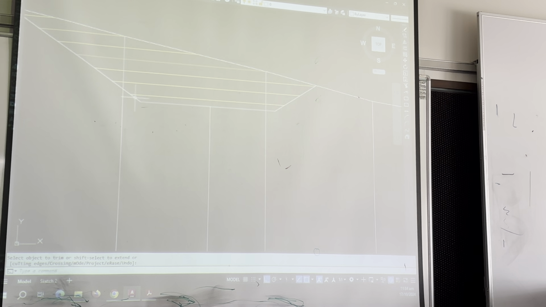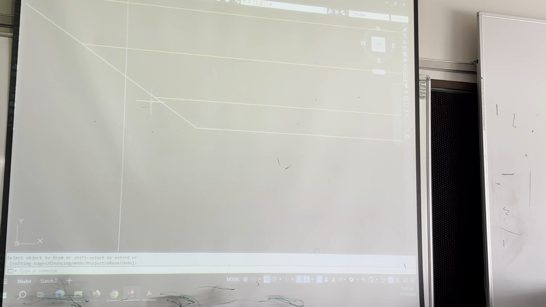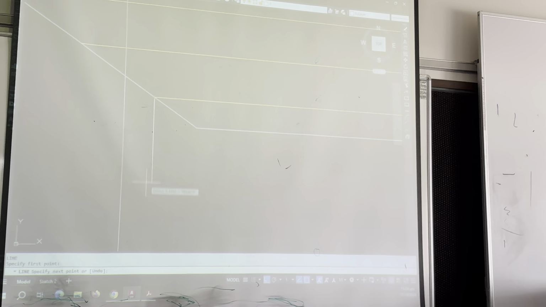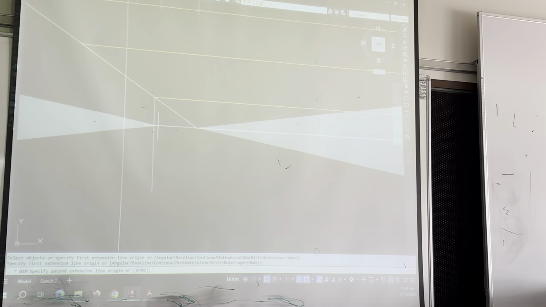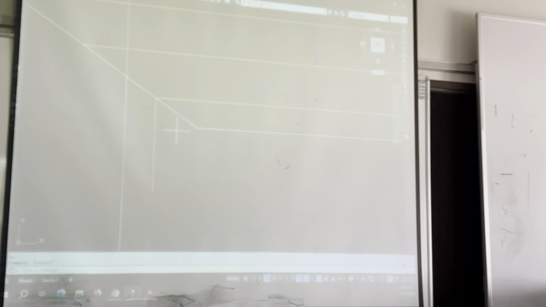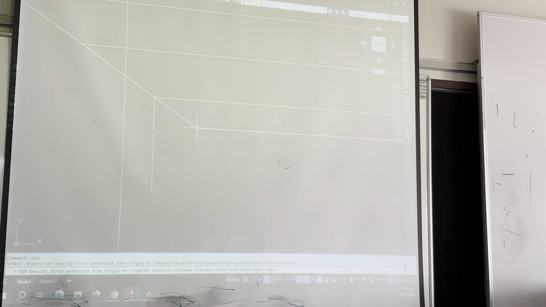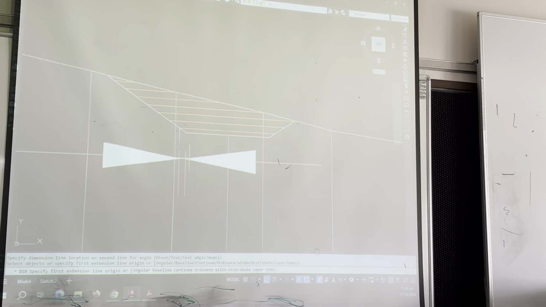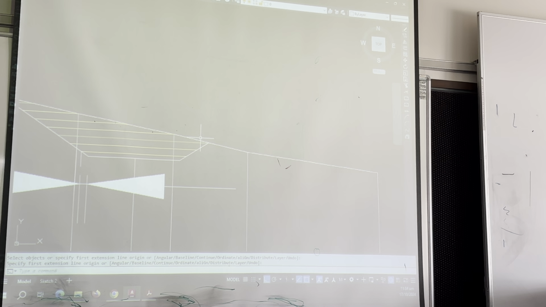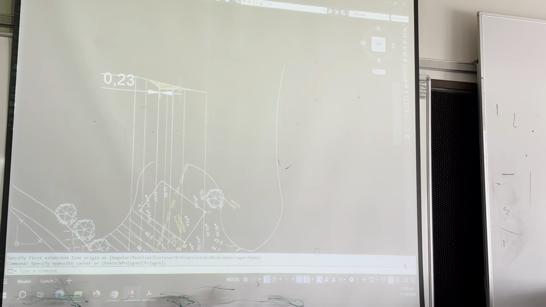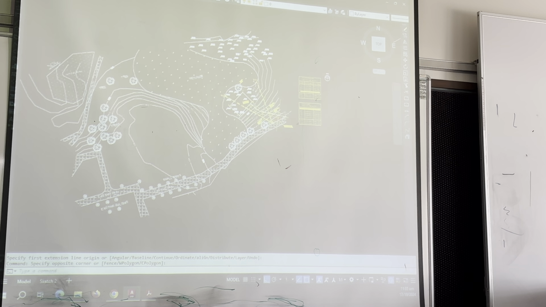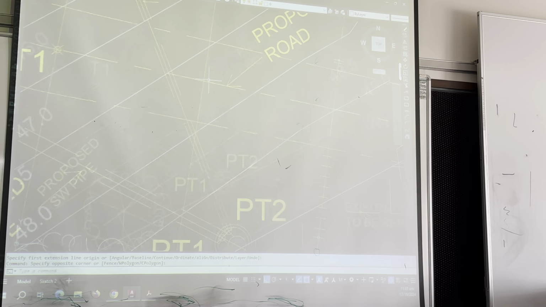So let's have a look and see what the first one is. To do that, I always take a line down and then I do a dimension from that point to that point. And that is 0.23, and it's exactly the same on the other side. So if I go back to my plan view, here we are here.